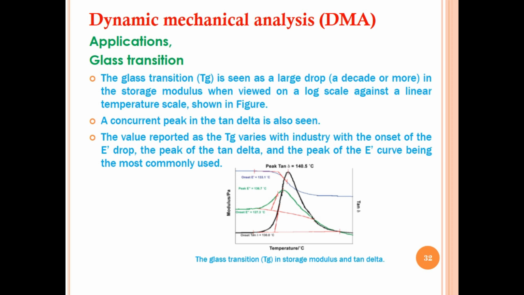From the graph, onset E prime is 133.1 degrees centigrade, peak E double prime 136.7, onset E double prime 127.3, onset tangent delta 130, and peak tangent delta 140.5 degrees centigrade. So the tangent delta at 140.5 degrees centigrade tells about the glass transition temperature of the polymer under investigation.